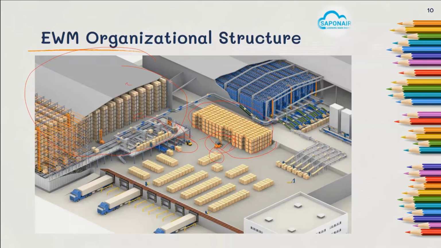If I create a single package and assign it to this person, his resource cannot accommodate my stock to be placed in the mezzanine. So in order to achieve this, I define this as one storage type and this as another storage type, and to each storage type, I assign an activity area. Then when the warehouse order is created, it is created one for this and one for that. Okay, that's how you use this activity area.